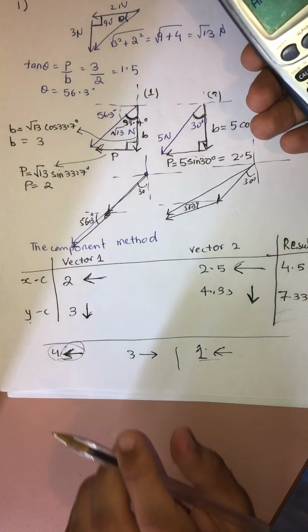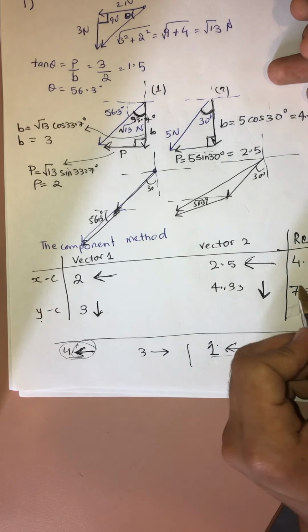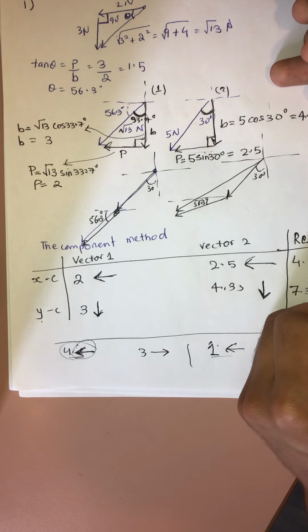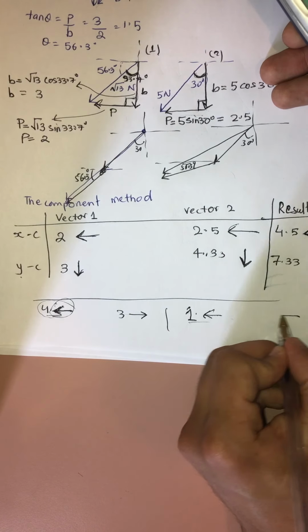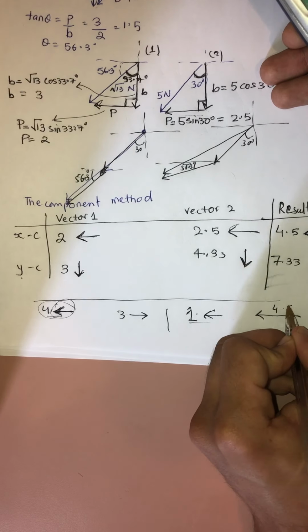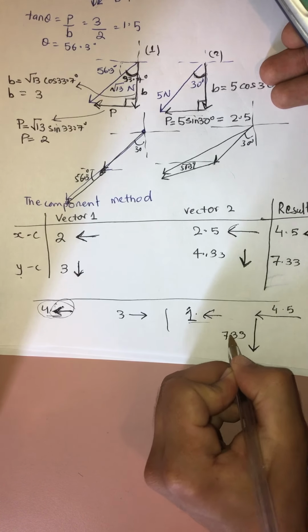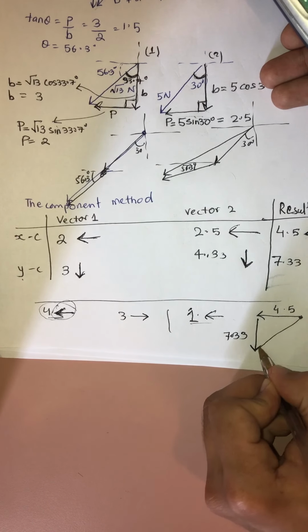Now we are still not complete. The resultant vector has one component which is 4.5 in this direction, and the other component 7.33 in the downward direction. If you try to draw 4.5 in this direction and 7.33 in this direction, our resultant would be from the first to the last.